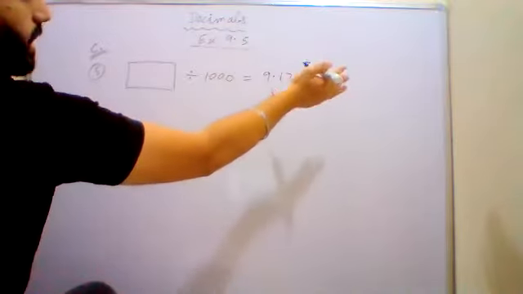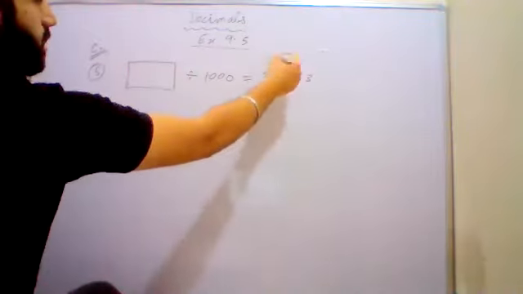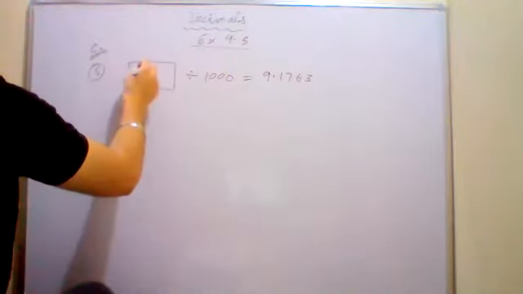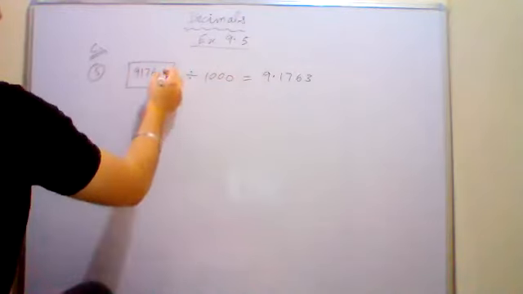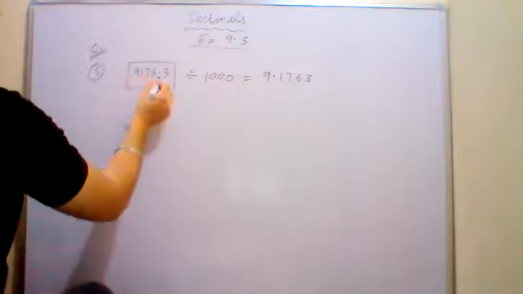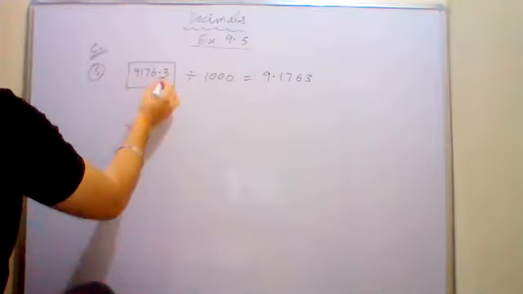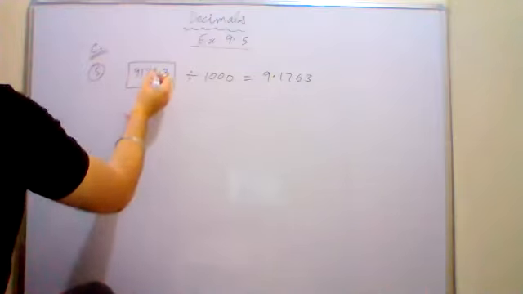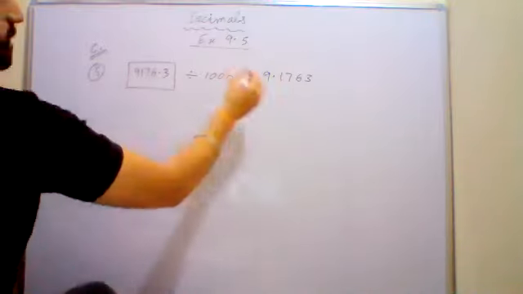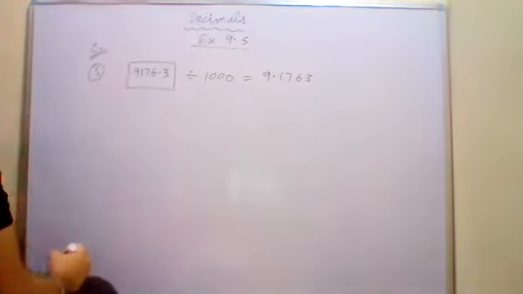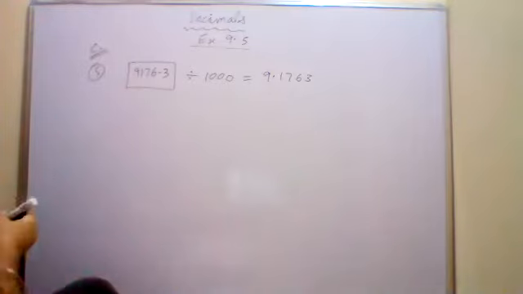You have to move the decimal 3 places to the right: 9176.3. Now you can verify your answer. If you divide this number by 1000, the decimal will move 3 places to the left and you will get 9.1763. That means you are doing it correctly. This is your answer, 9176.3.